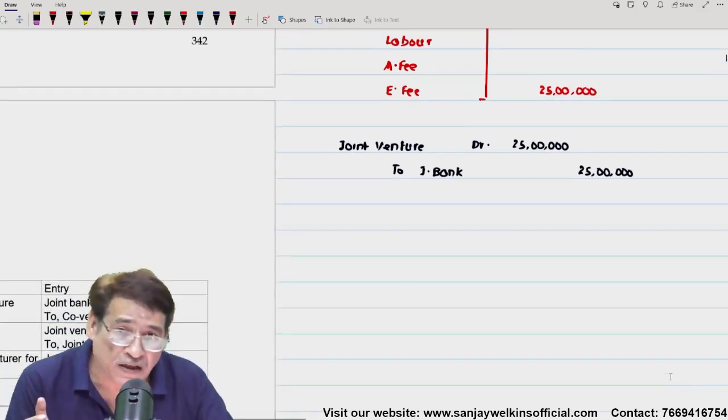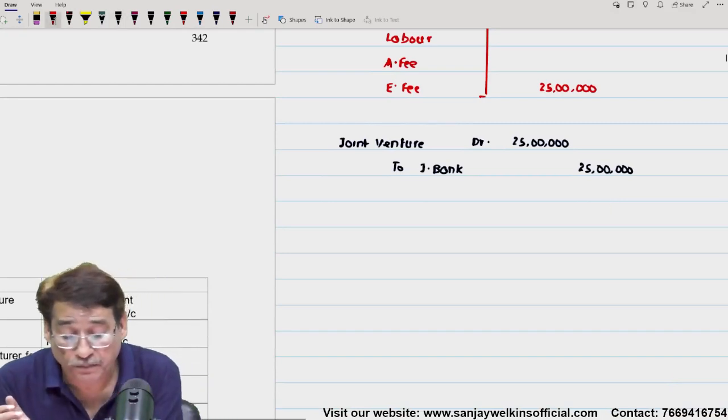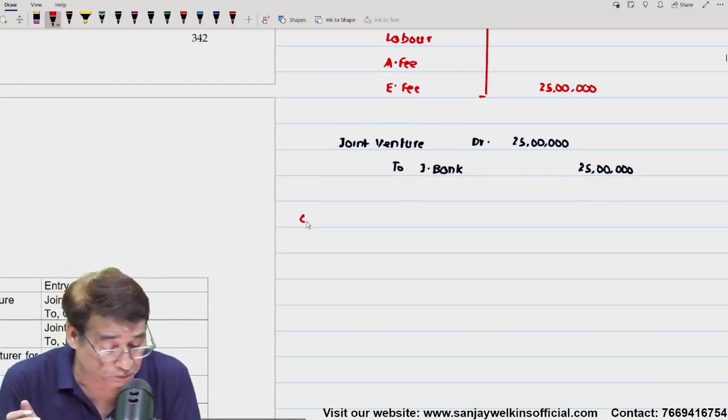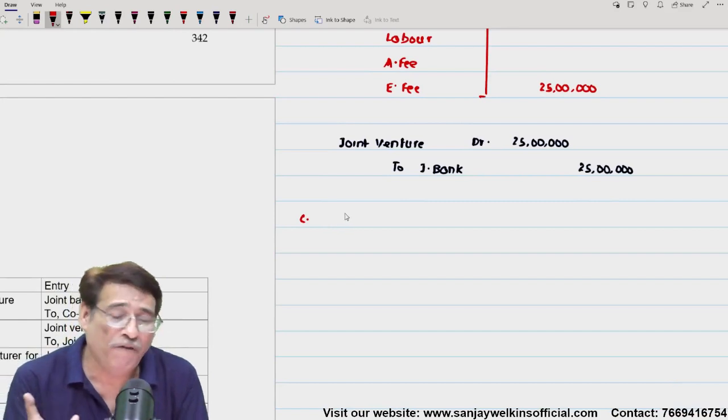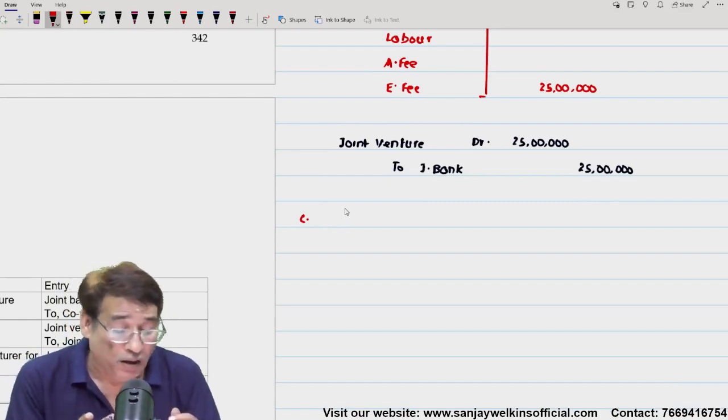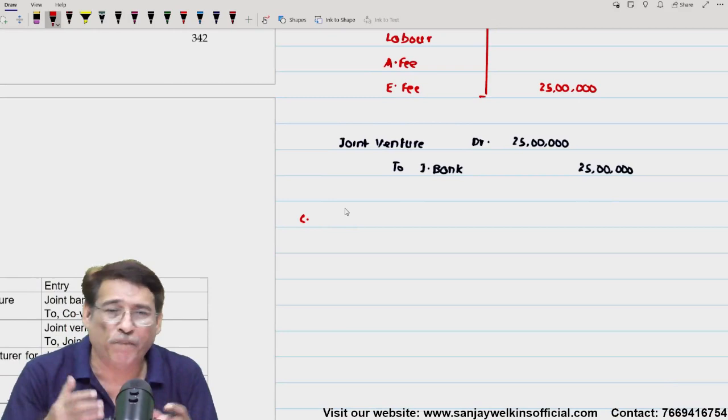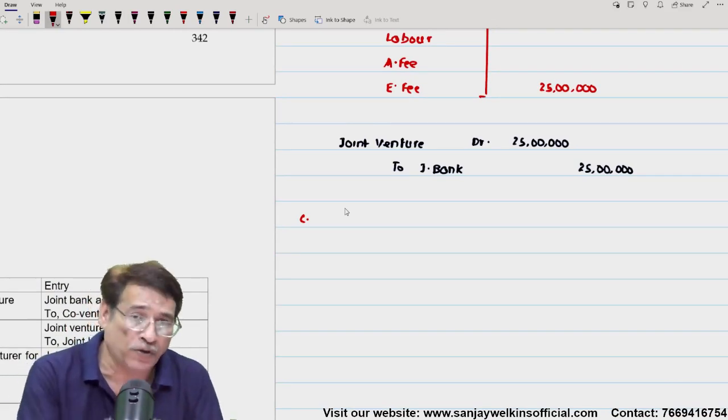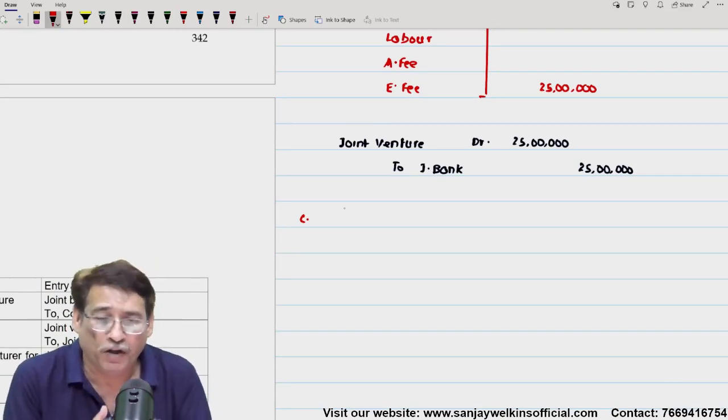Correct? Let us say I give you further information. Sometimes a particular co-venturer will supply the material out of its own resources for the purpose of what we call joint venture.